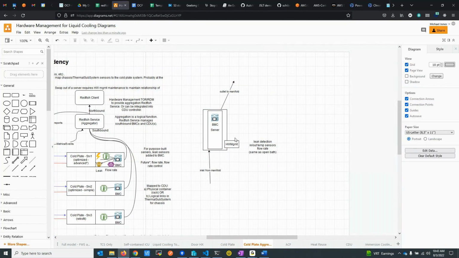I'll have to redo the diagrams and stuff, but I don't see any changes to the resources or the collections or the links, because we're just doing a slightly different makeup of where they sit.